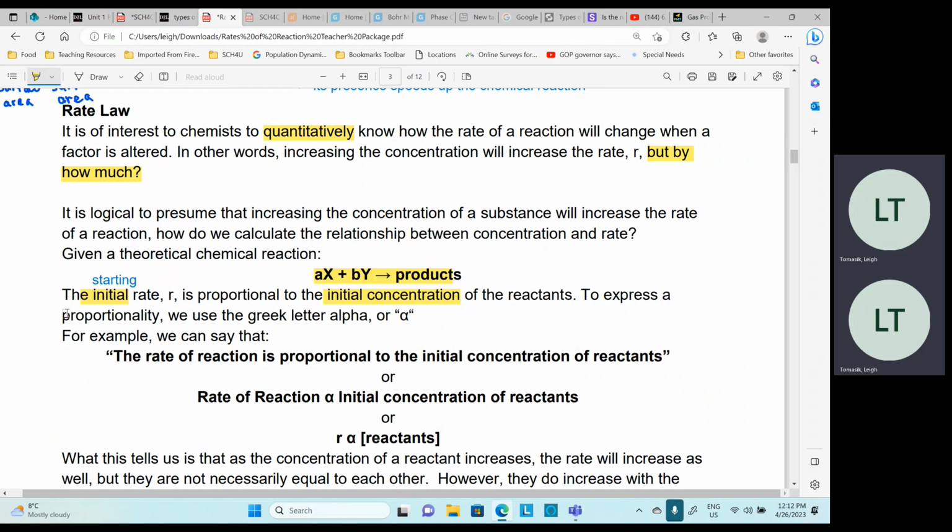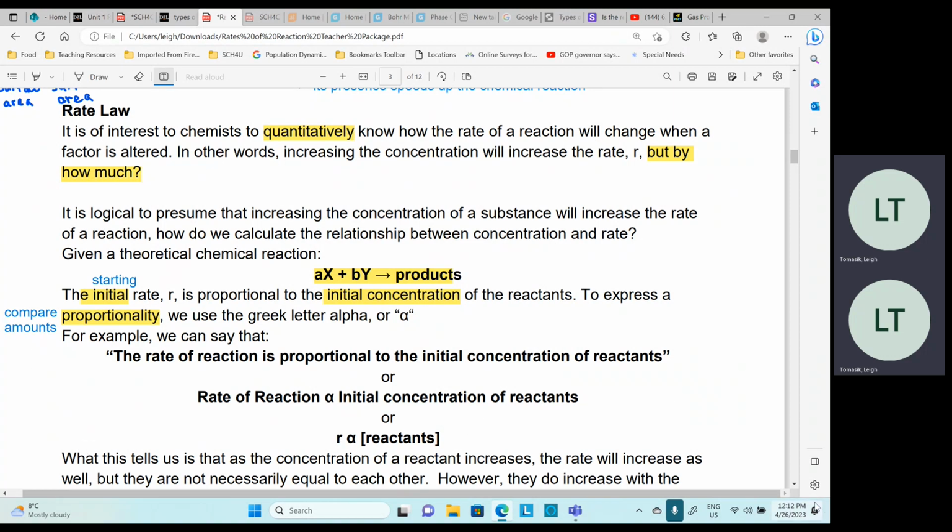So this word proportionality, right? This is where we compare amounts, right? The proportion. So we use the Greek letter alpha, and we can say that the rate of reaction is proportional to the initial concentrations of the reactant.